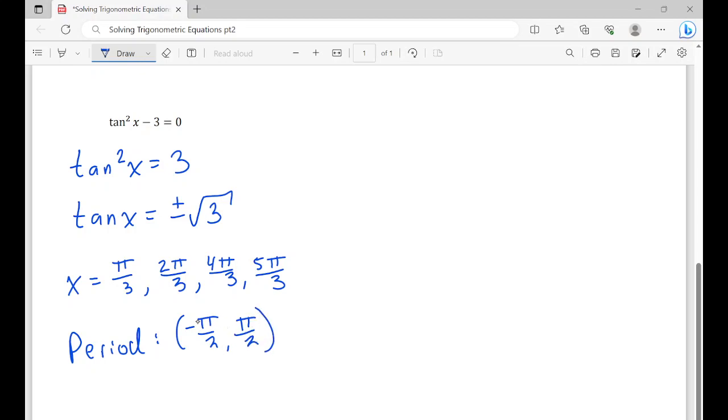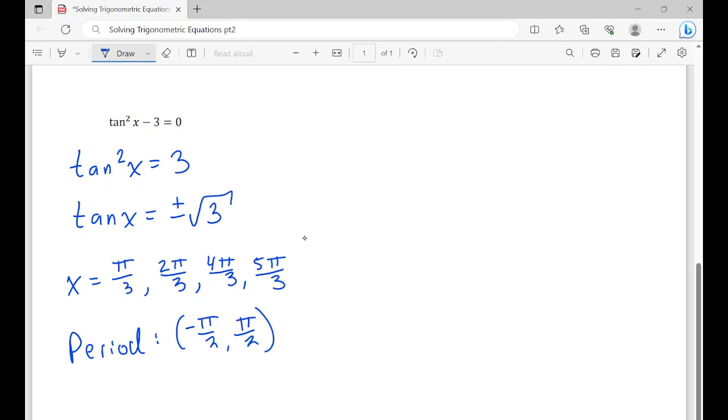And I know on the unit circle that pi over 3 is in here.